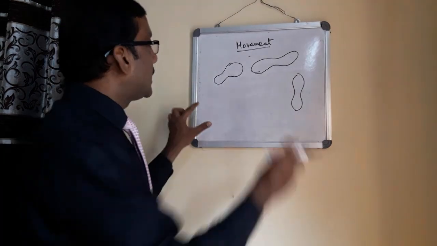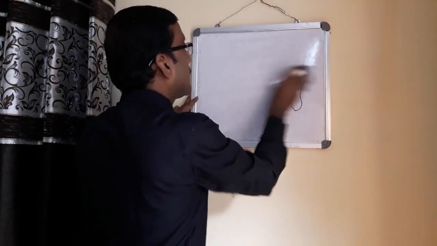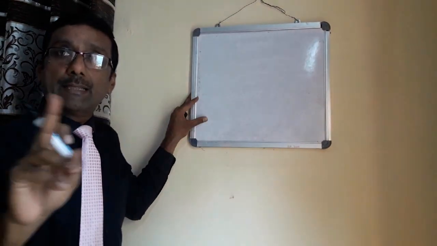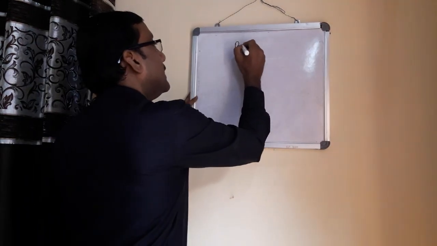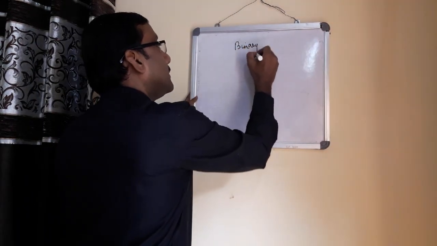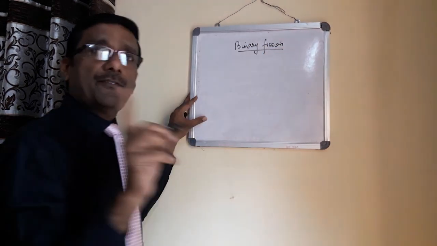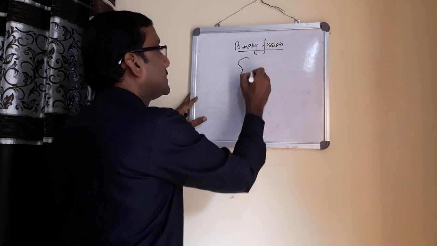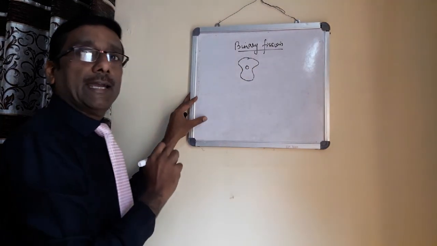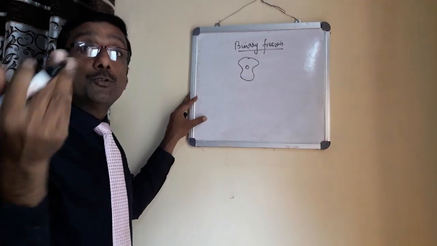Now let us discuss the reproduction of amoeba. There are two methods. First is binary fission. What is binary fission? Suppose there is one cell of amoeba with a nucleus. The nucleus starts dividing into two.